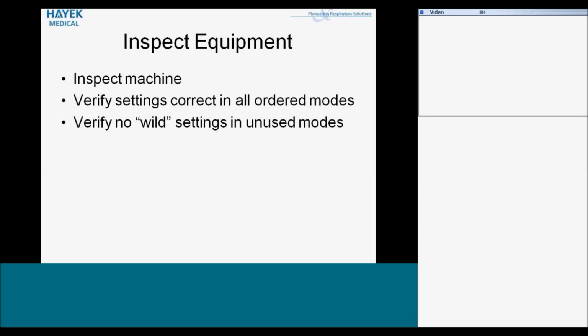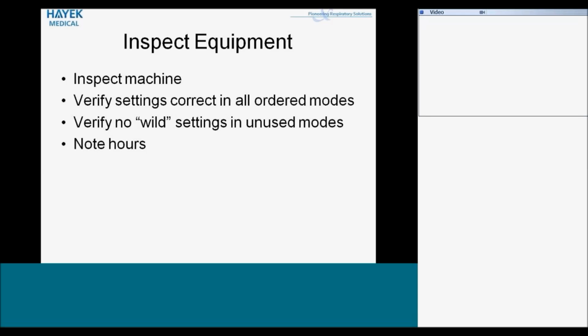Sometimes machines will be, in the inspection process, put on a -50, which is the upper range. They shouldn't be left in anybody's home still set on -50 in case that mode where -50 is the setting. If they accidentally go into that mode, you don't want them to be getting those crazy settings. So make sure the settings, even in unused mode, are somewhat reflective of the prescribed modes.